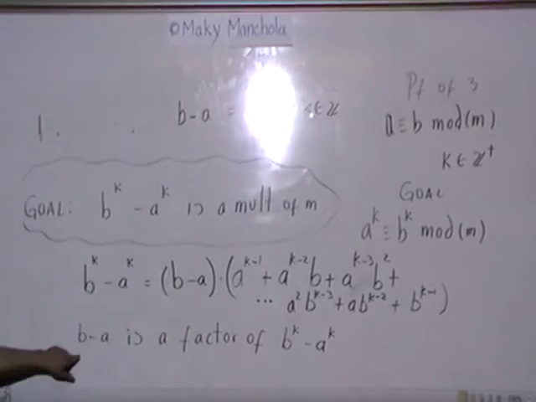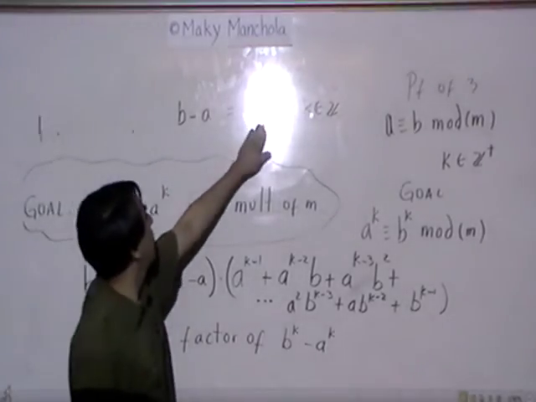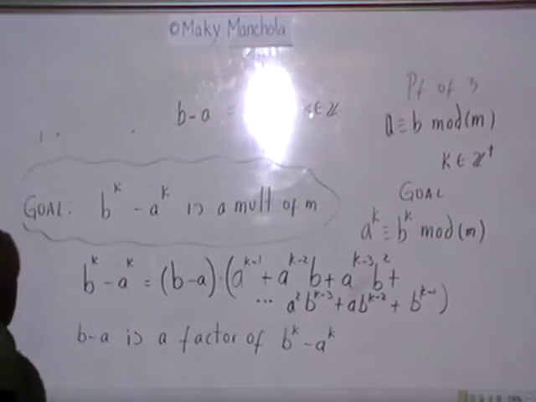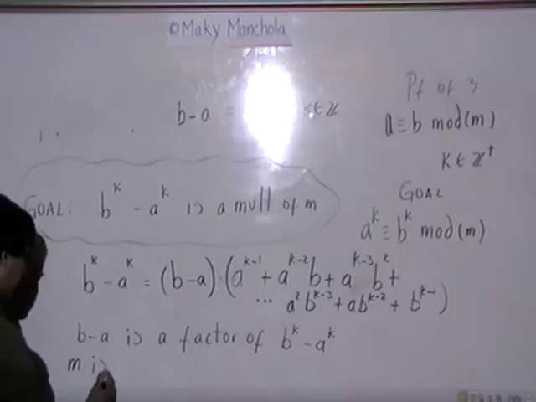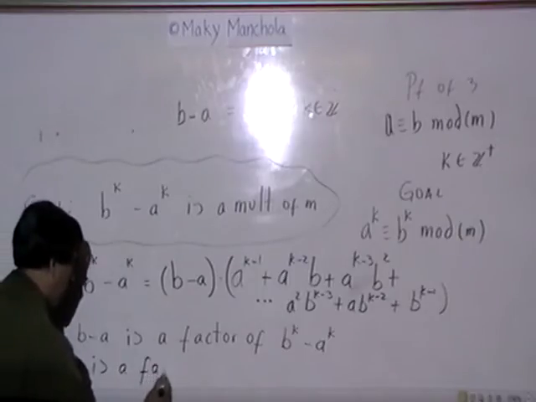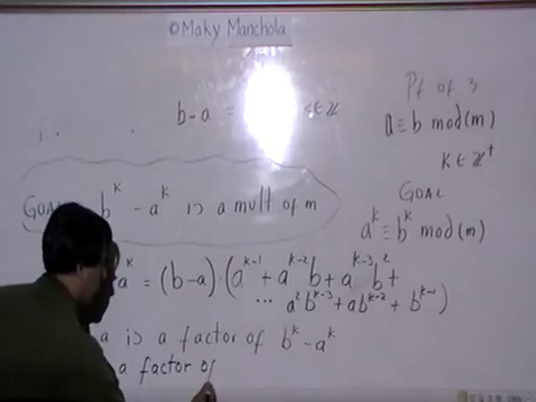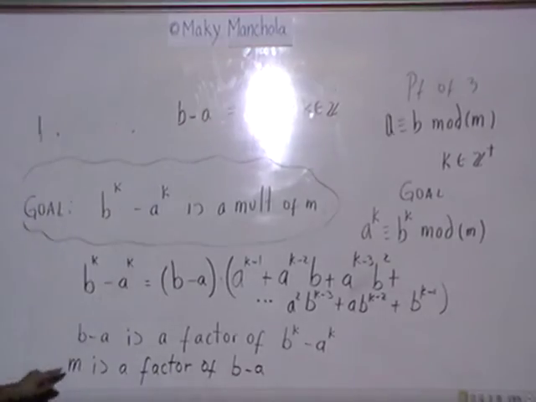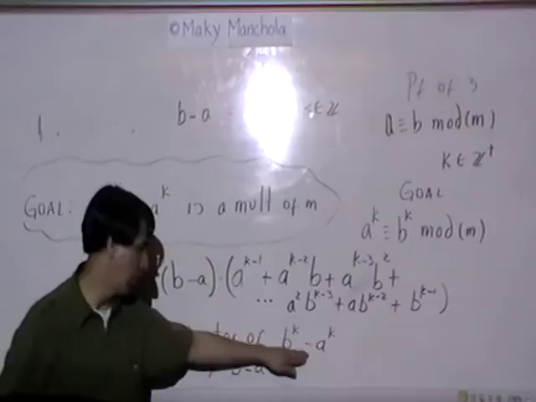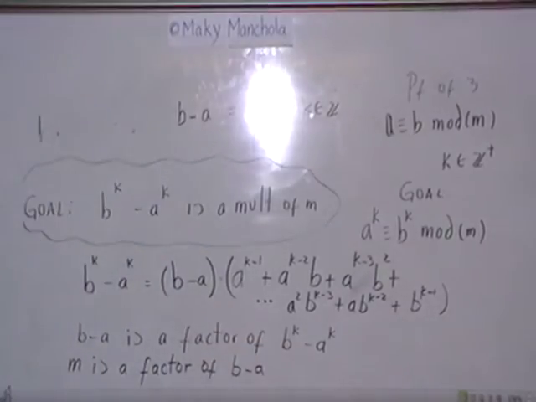But notice that m is a factor of b minus a. So the conclusion is that m must be a factor of b to the k minus a to the k.